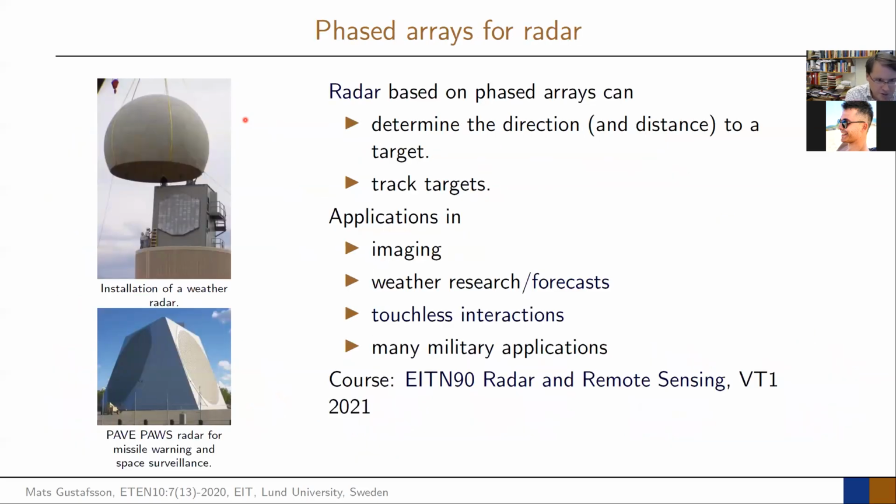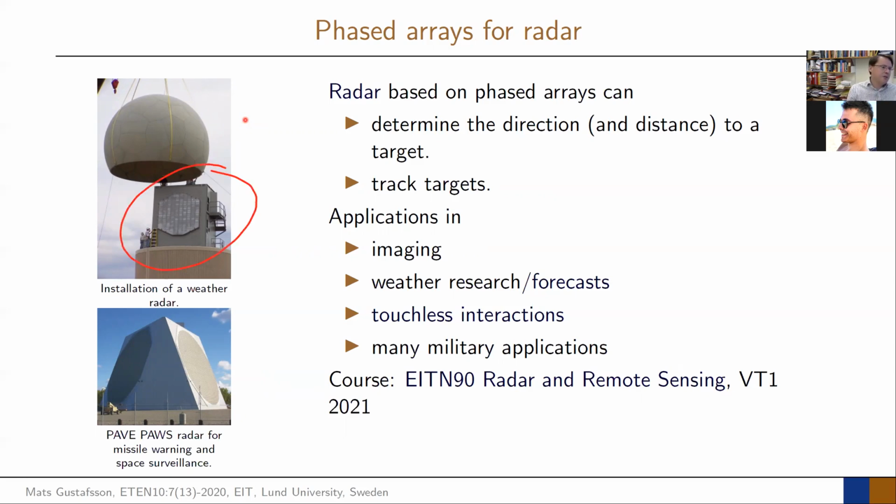So some applications. Radar is really the original application of all arrays. Phased arrays for radars started to be developed basically during the Second World War, and it's been highly dominated by military applications. But there are many other applications which are not military in some ways. So the first one here is weather radar.